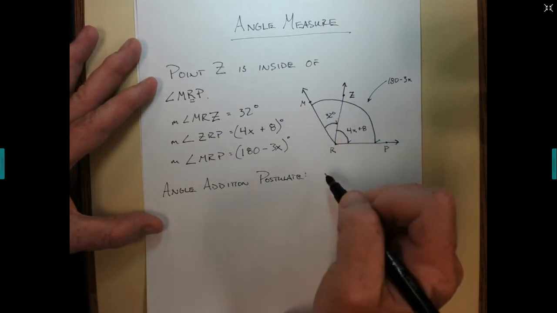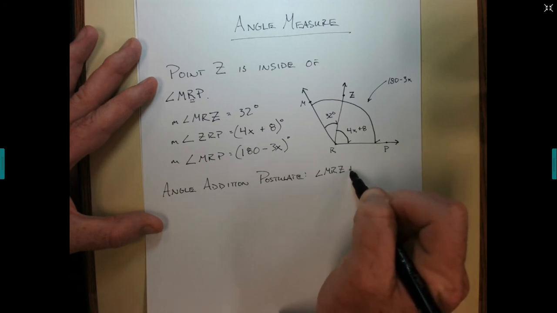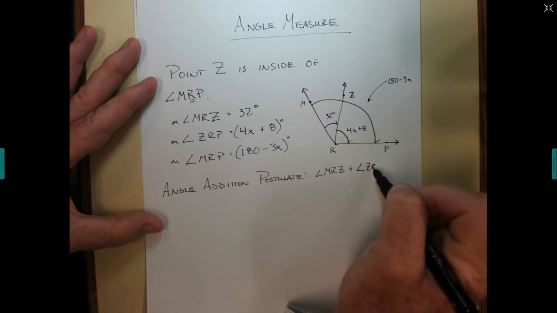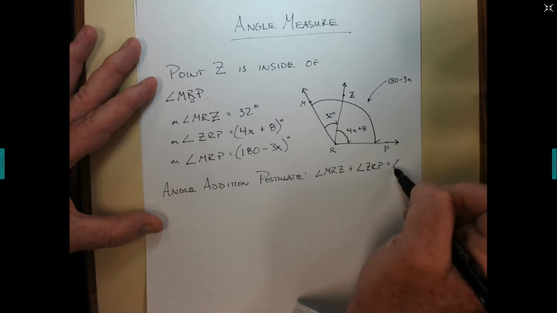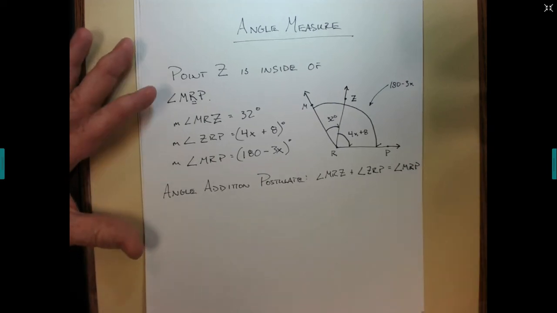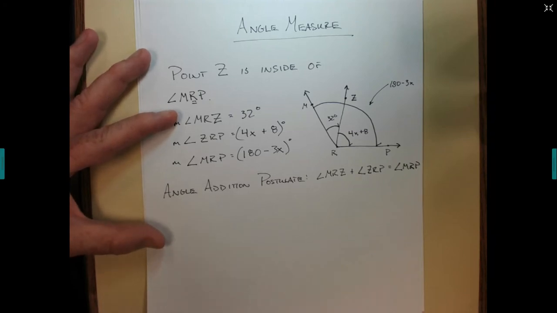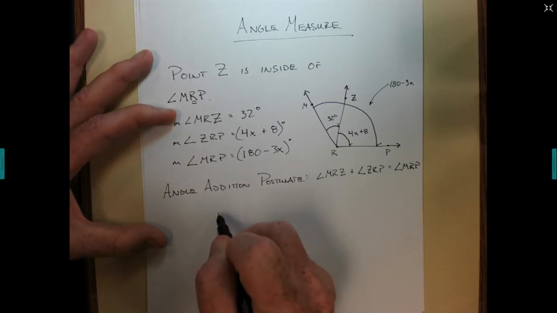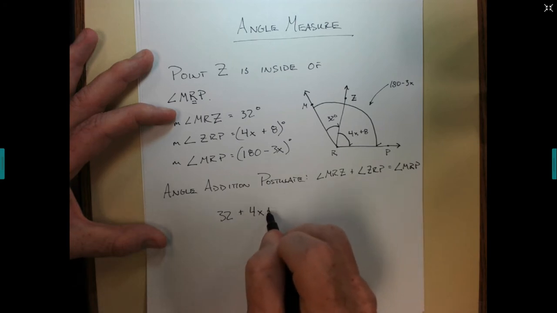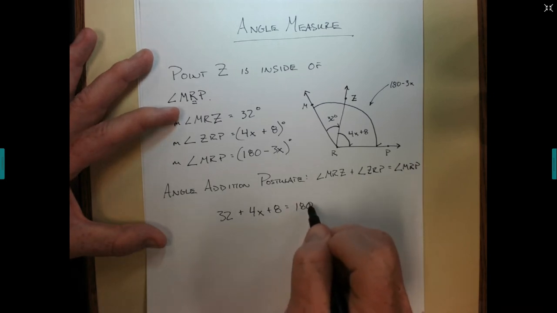Well, if I take this one small angle MRZ, and I add the other small angle ZRP, we should get the entire angle, which is angle MRP. If we can see that the large angle is the composition of the two smaller ones, then I can make an equation that says that 32 degrees, if I add 4x plus 8 to it, that better equal 180 minus 3x.